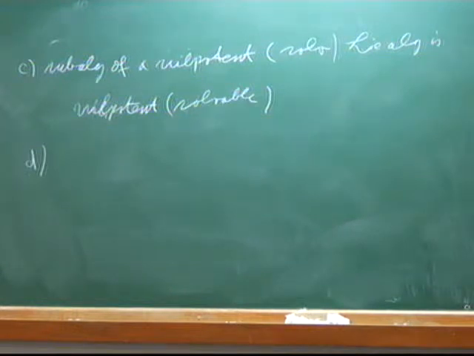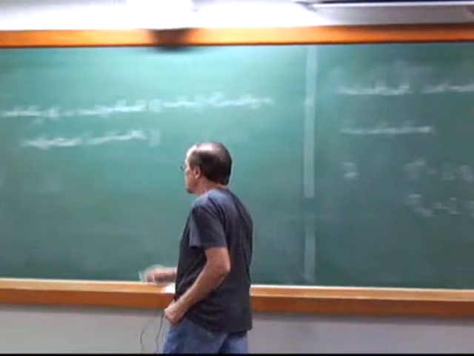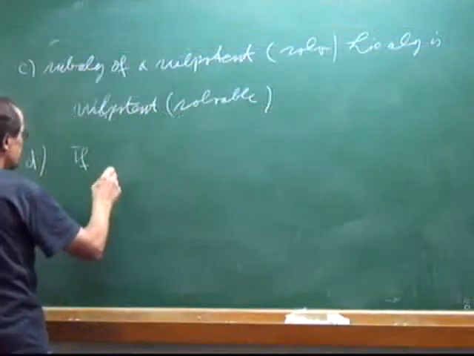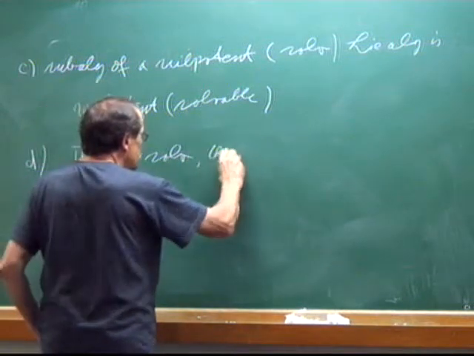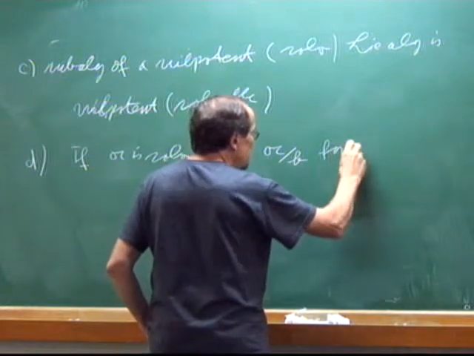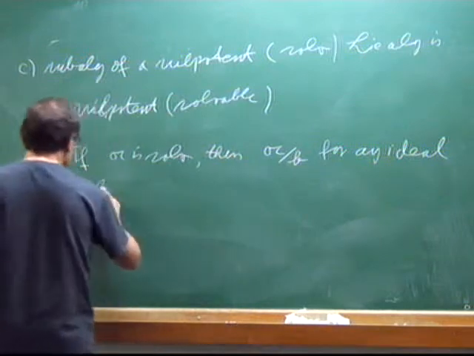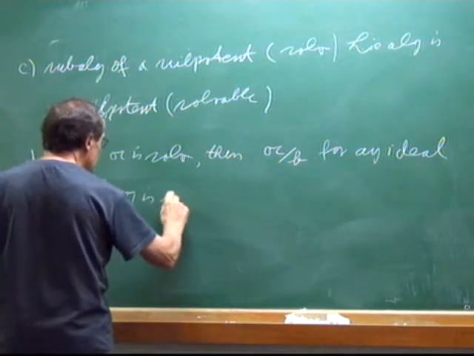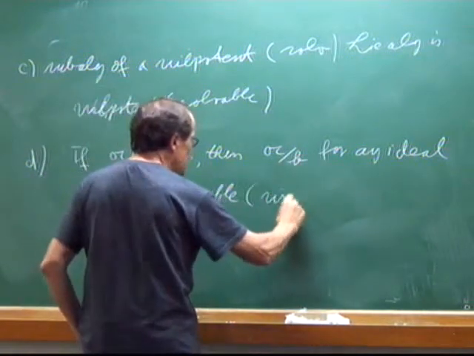Other important properties. If A is solvable, then A mod B for any ideal B is solvable, respectively nilpotent again.